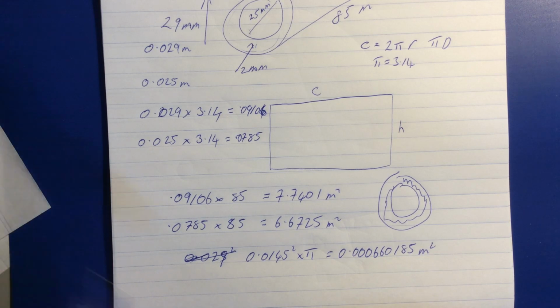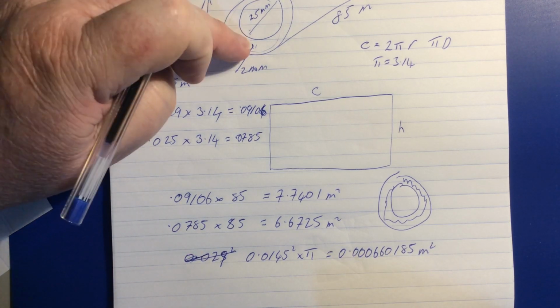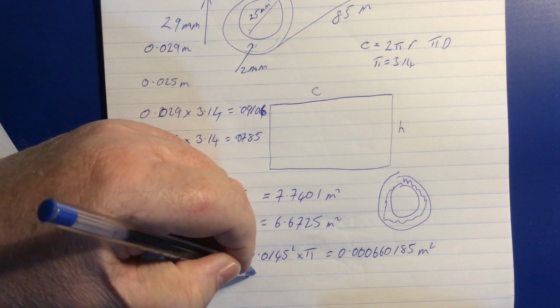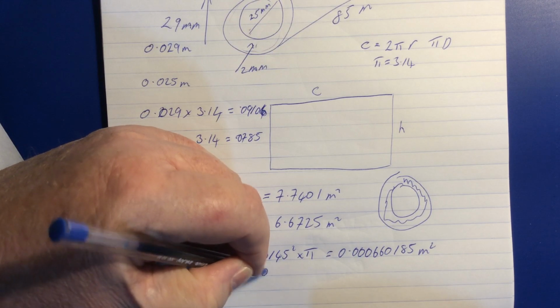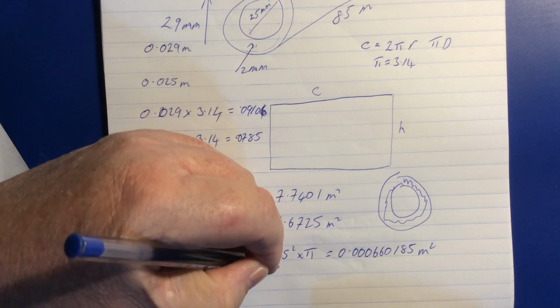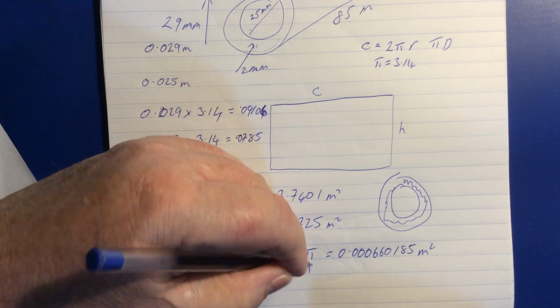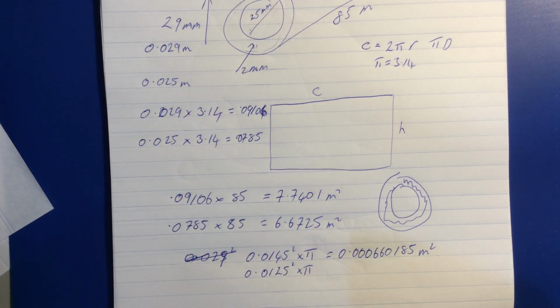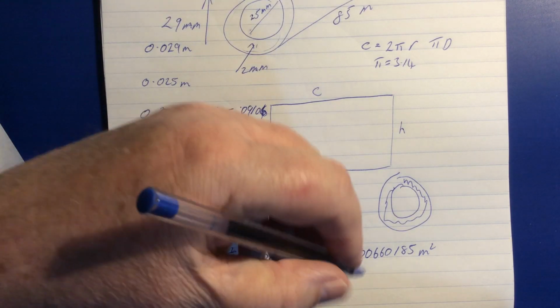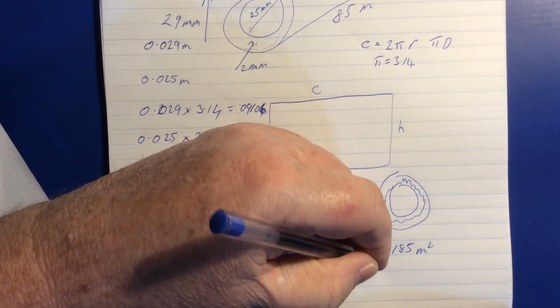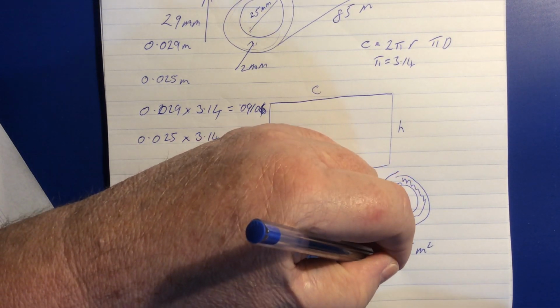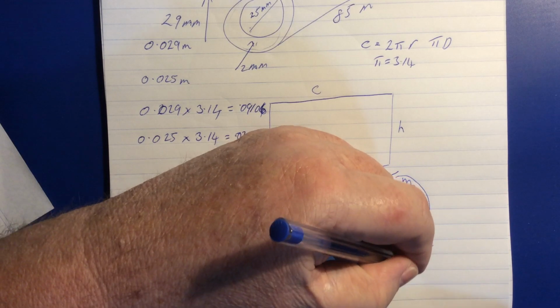Okay, now we take away the small one, so that is 12.5 millimeters squared times pi. So 0.0125 times 0.0125 times 3.14, and that gives us 0.000490625 meters squared.